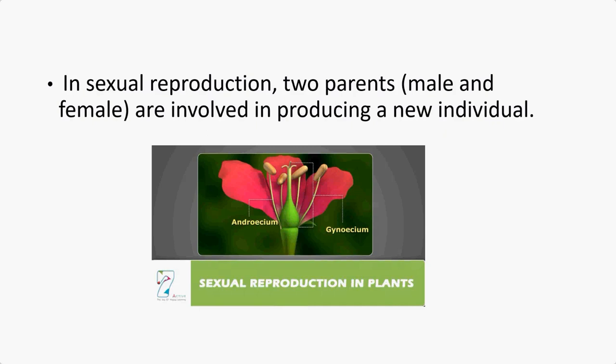Some plants will not reproduce through the sexual method. So what is sexual reproduction, children? In sexual reproduction, two parents, male and female, are involved in producing a new individual. Humans go through sexual reproduction only. Understood? So now we're going to learn about sexual reproduction in plants first.